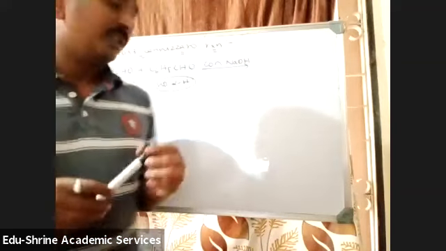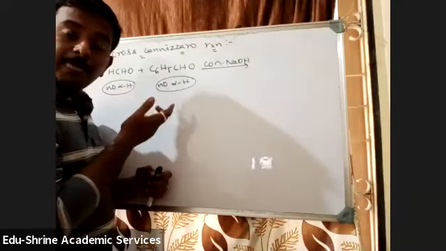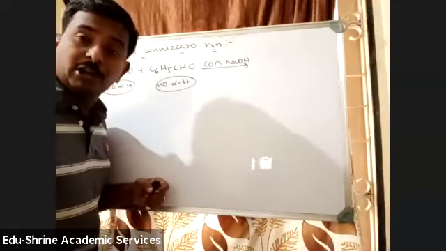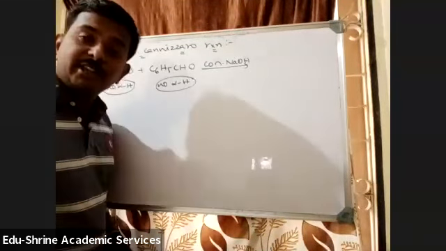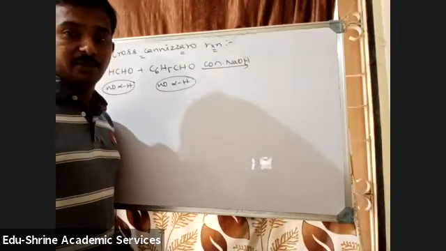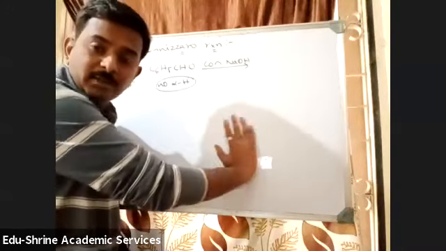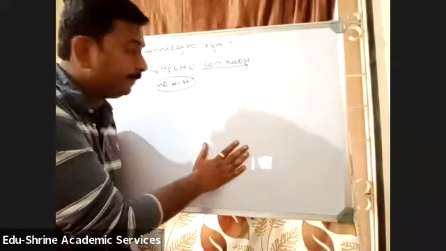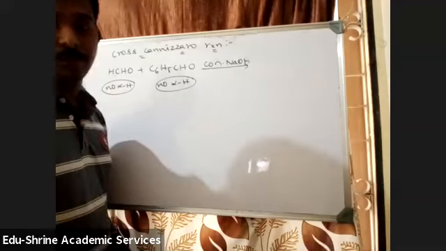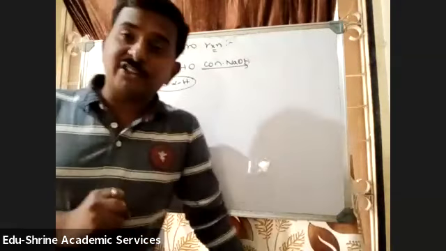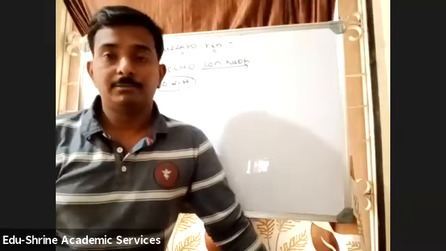But now there is a trick here. Both aldehydes are there, so which will undergo oxidation and which will undergo reduction is the major point. Now think and tell me, students. In the first step of the mechanism, whatever we have written, what is happening? OH minus is coming and attacking the C double bond O. So what type of reaction is it, students, when OH minus comes and adds to the compound?